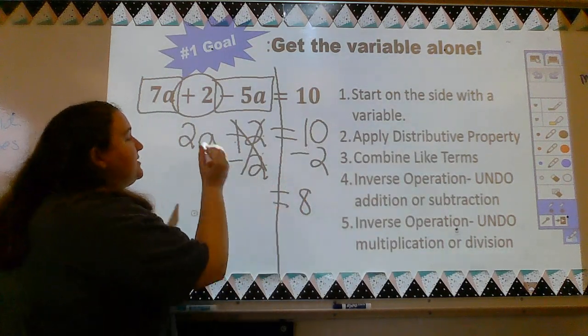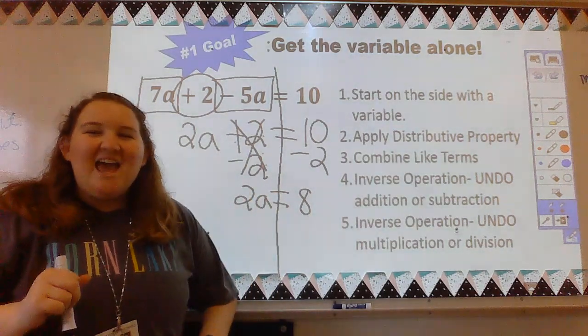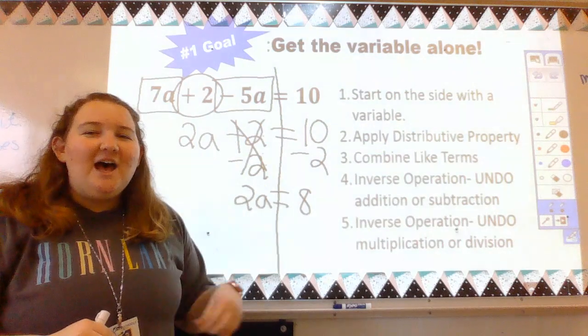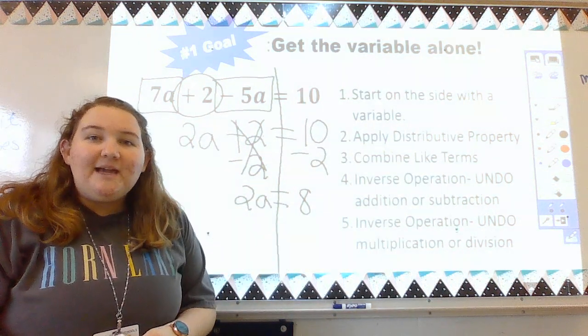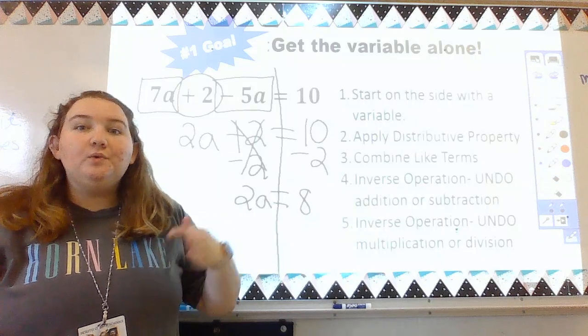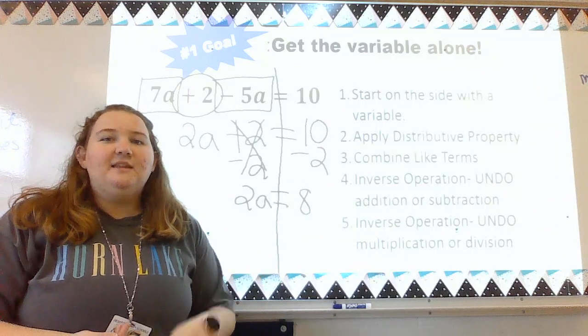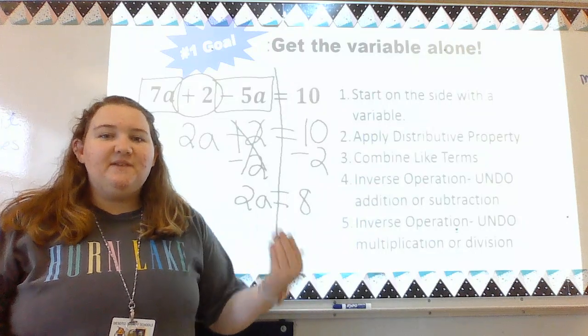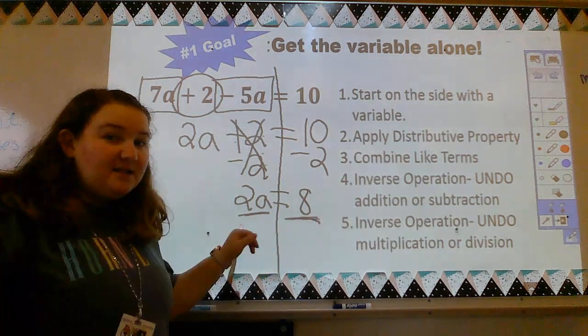Bring down your equals, bring down your 2a. Okay, next, we're going to undo multiplication, division, 2a. The other way to say 2a is 2 times a. Times means multiply, okay? The opposite of multiplication is division. So we're going to divide on both sides. That's a division bar.